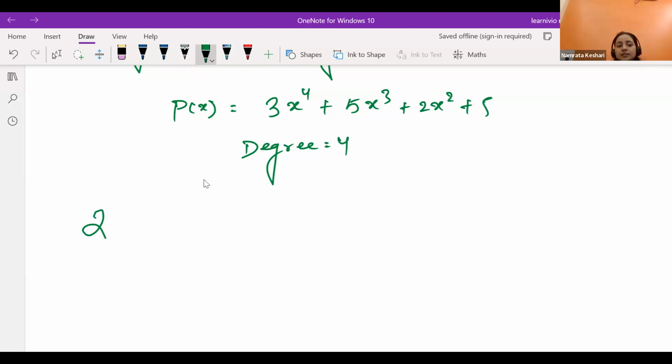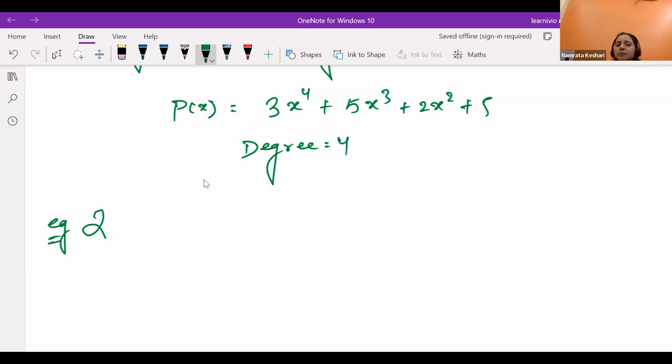Just 2, is it a polynomial? A polynomial requires that whatever variable you have, its exponent has to be a whole number, and whole numbers start from 0.